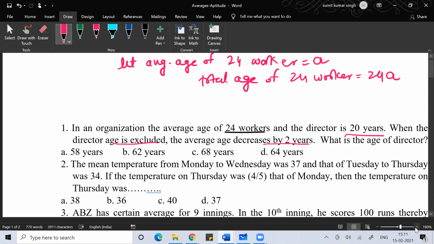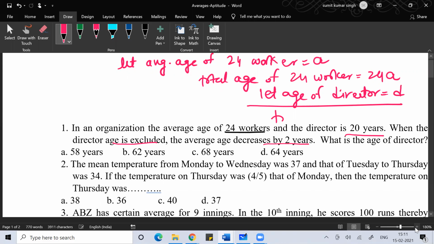Let the age of the director be D. Now what is the total age of all the employees? The total age of all the employees will be 24A plus D. I think this is very clear to all of you.